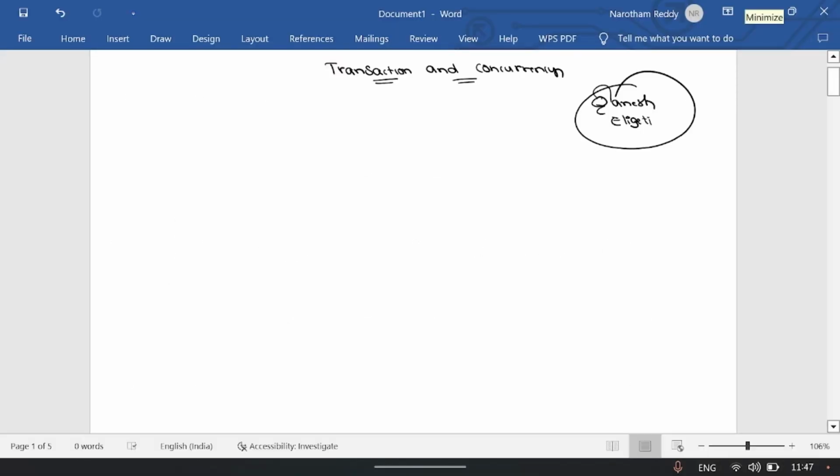Today I am going to discuss transaction and concurrency. Firstly, what is meant by transaction?